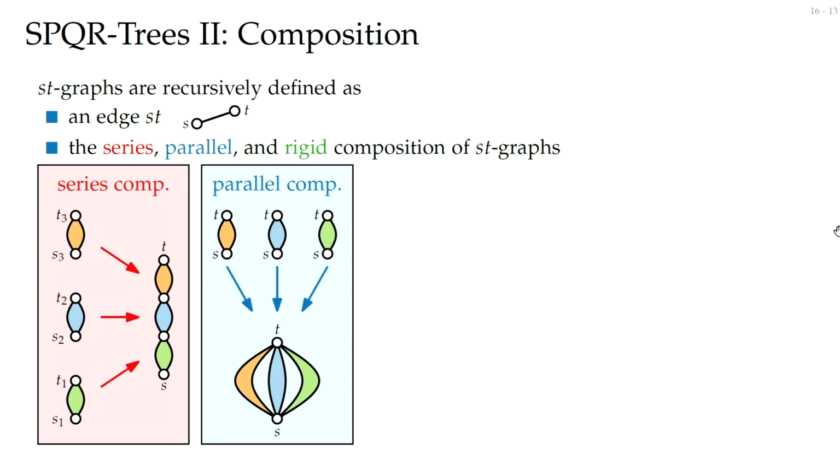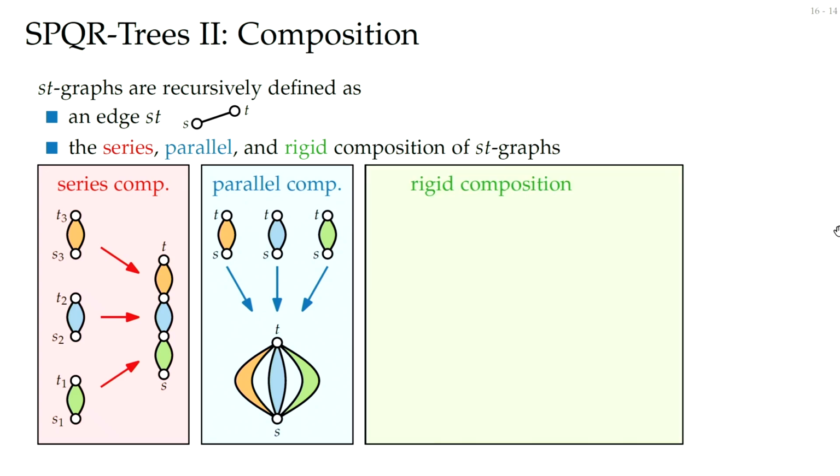But we want to do all biconnected graphs, so we need the last one, and that's the rigid composition. And that's the largest box. And here the definition is a bit tougher, and that's why we needed all these definitions. We want to have some skeleton. So we want to have some graph that's 3 connected if we add the edge ST. So something like this.